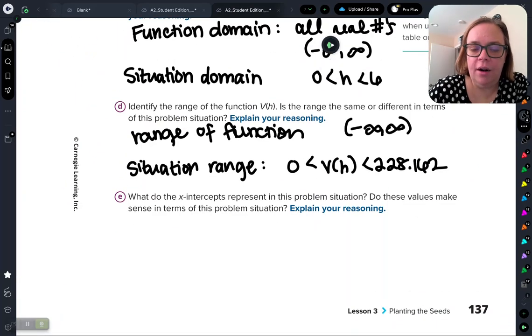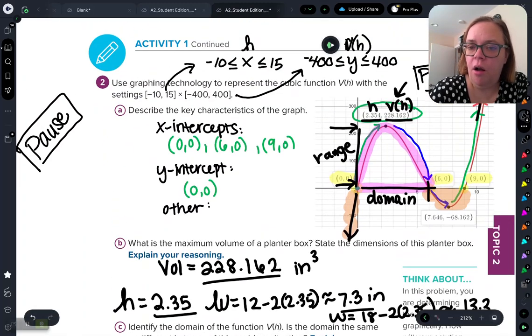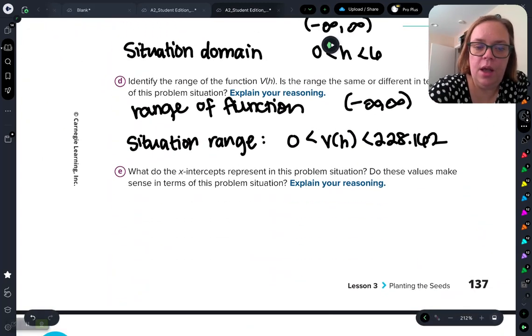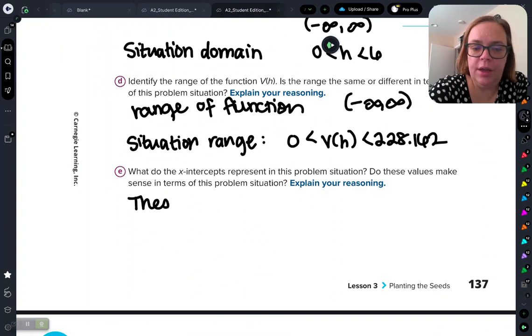All right, and then our last question: what do the x-intercepts represent in this problem situation? Do these values make sense in terms of the problem situation? The x-intercepts are all when the volume is 0. These occur when the volume is 0.